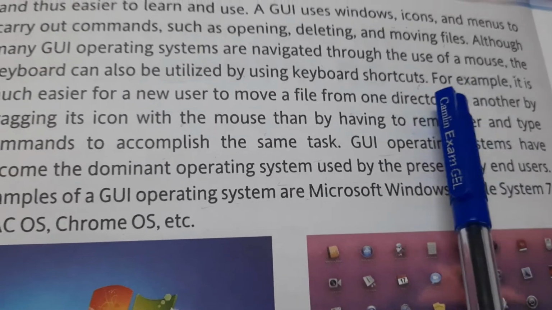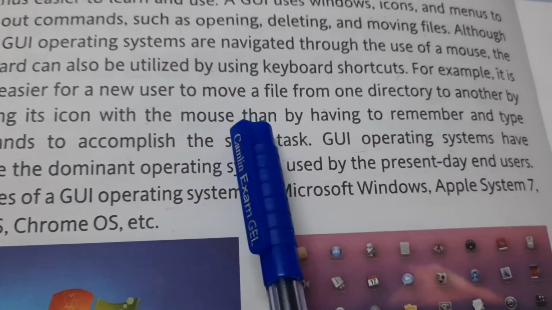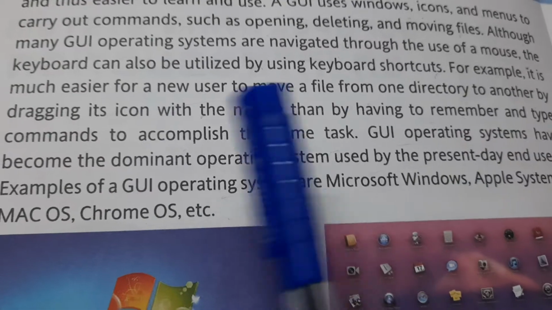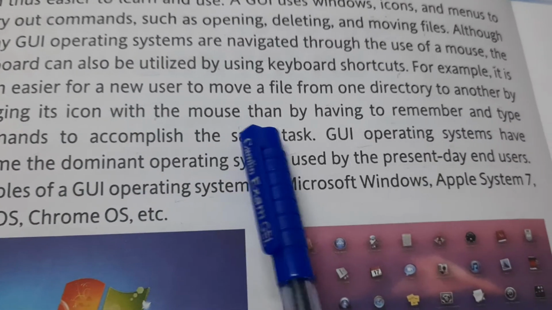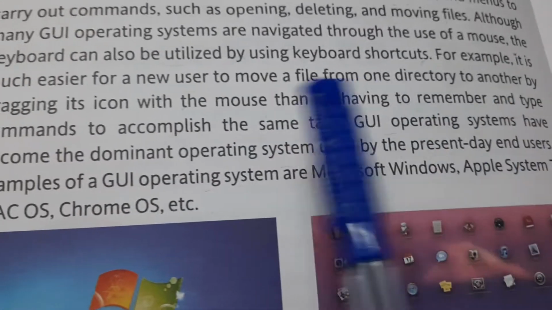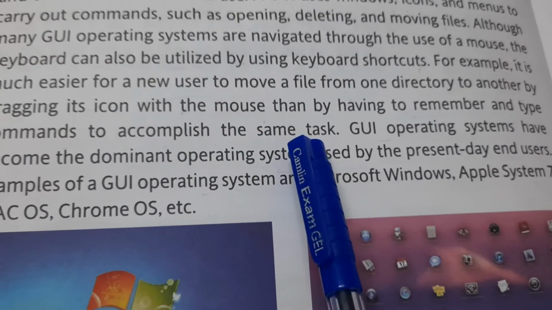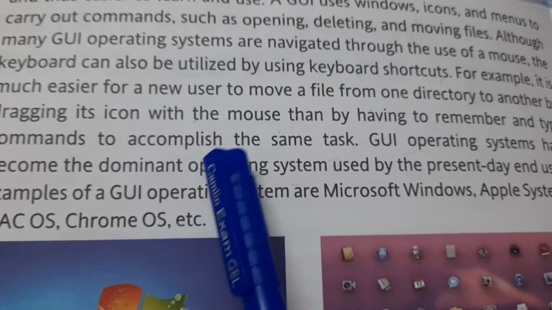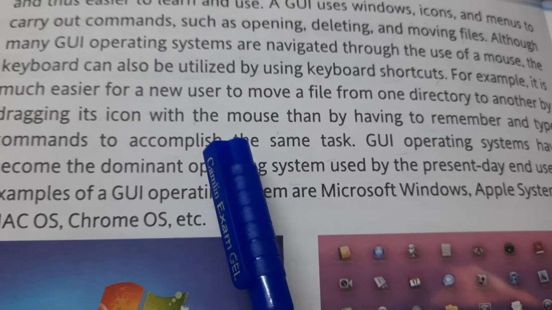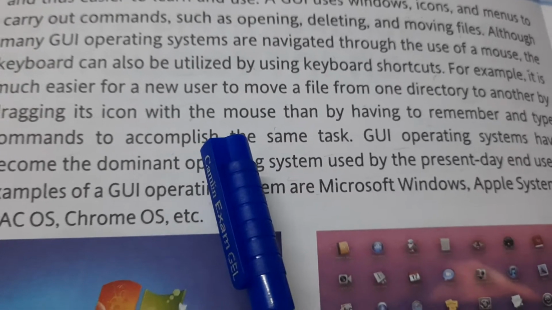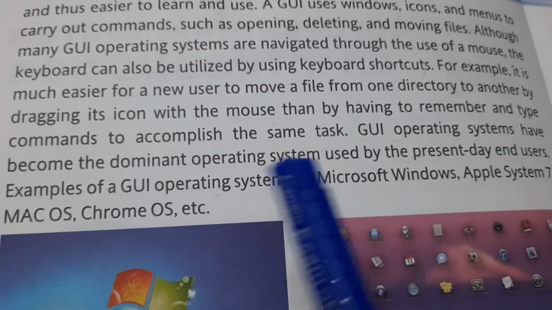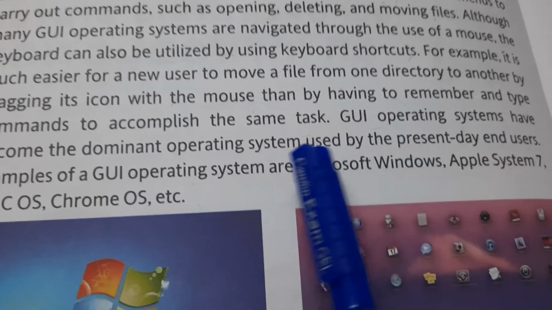Now for example, it is much easier for a new user to move a file from one directory to another by dragging its icon with the mouse than by having to remember and type commands to accomplish the same task. So for any new user like you all, you are quite small, so it is easier for you to use the mouse than to remember the keyboard shortcuts and then do the same thing.